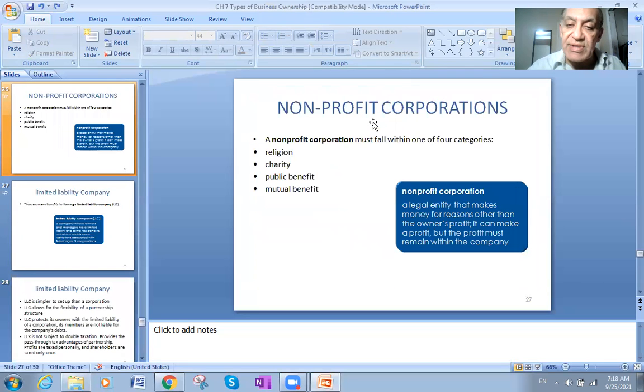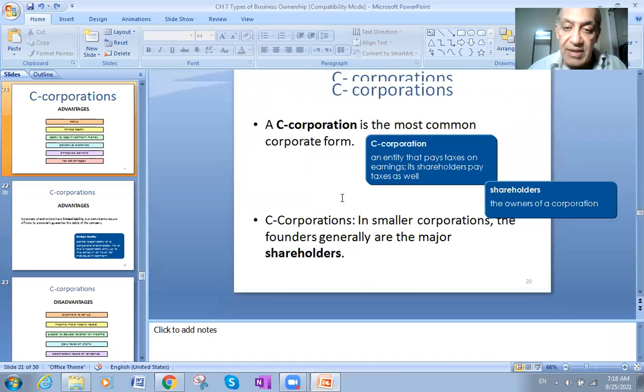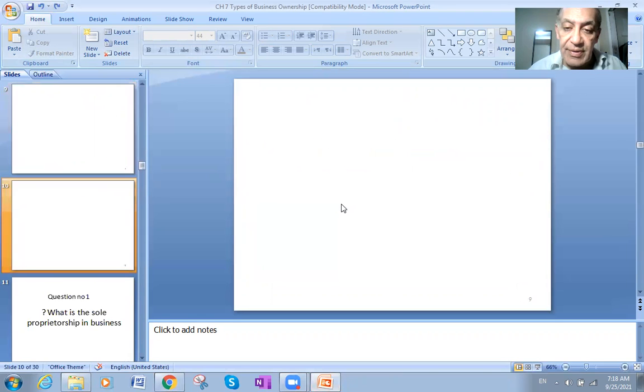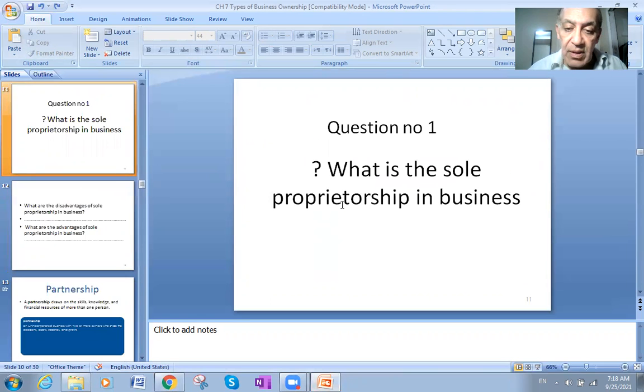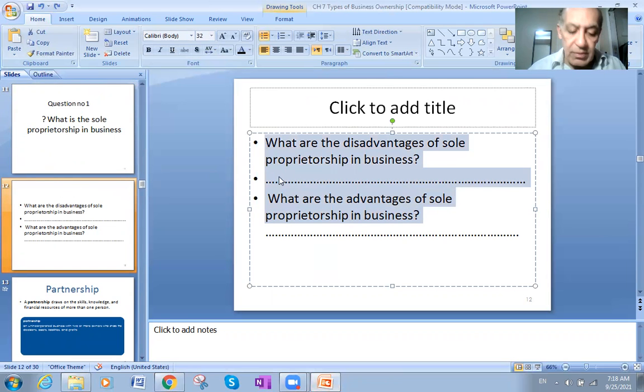Before we go to this, I will say my last questions here. I will end with my last questions. Same 3 questions. We will put them in this area, exactly what we did before. Here we go.